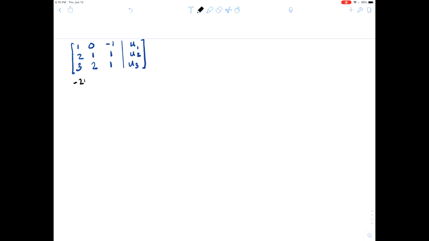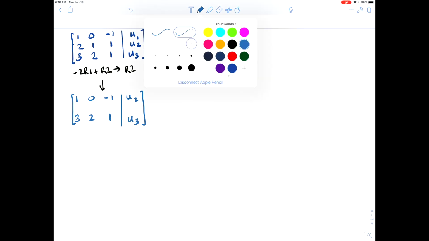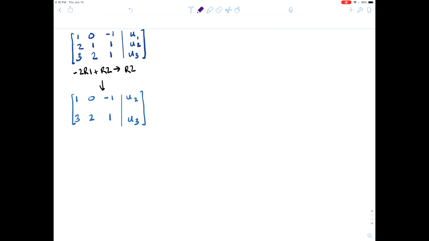If I do negative 2 row 1 plus row 2, I'll get a new row 2. So rewriting rows 1 and 3, we will have this here, and then we'll do the second row in a different color, the changed row. So here we go.